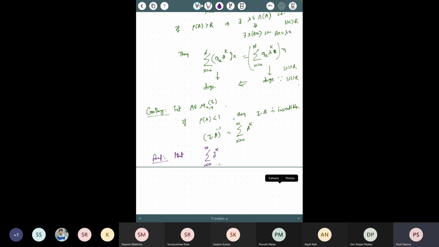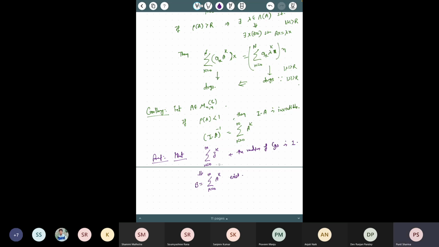It is 1. Okay, so the radius of convergence here is 1. And therefore, from the previous result, we know that the sum of A to the power k, k equal to 0 to infinity, exists. This limit exists. So let us call this limit B.